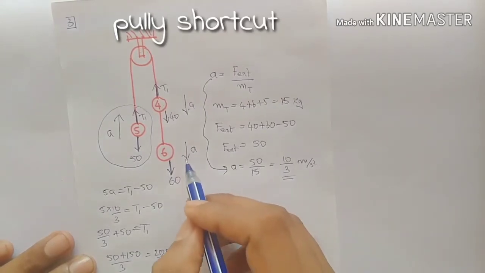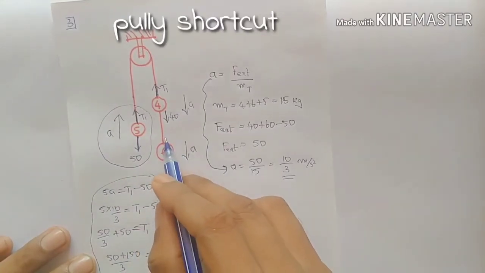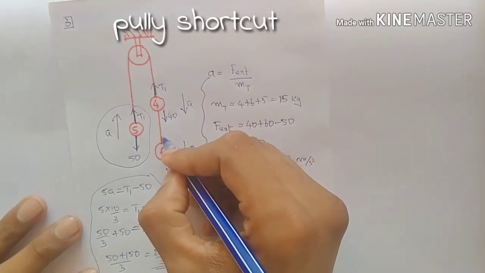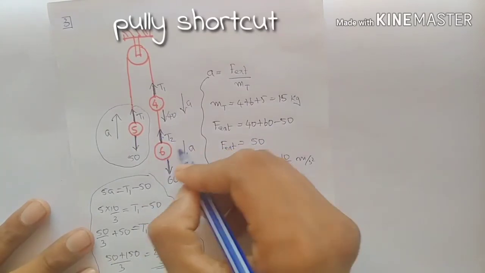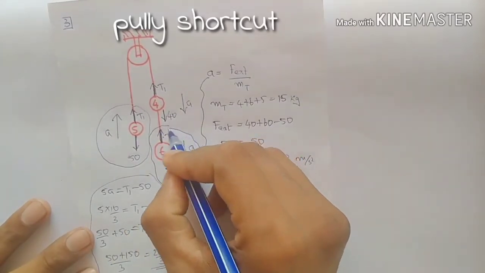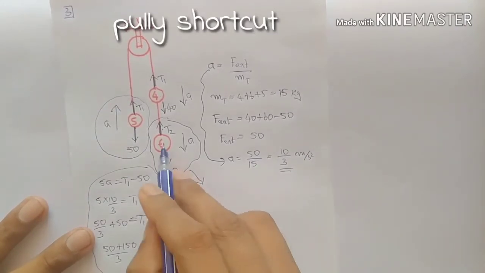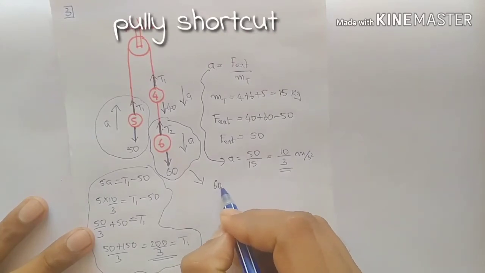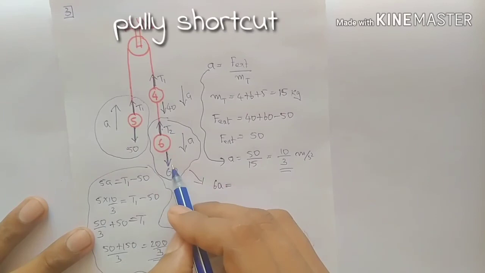Next, we have to determine the tension on this rope. Will it be equal? No, because this rope and this rope are two different ropes. Therefore I'm writing it as T2. Analyzing the free body diagram, the 6 kilogram mass is moving downward with an acceleration. The net force is 6A, equal to, should I write T2 minus 60 or 60 minus T2? 60 Newton should be greater because acceleration is downwards.